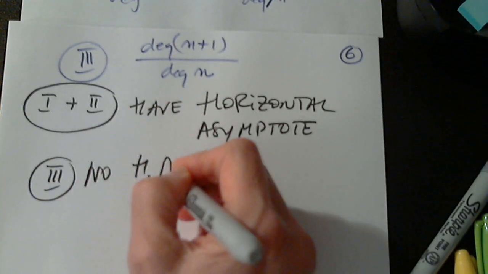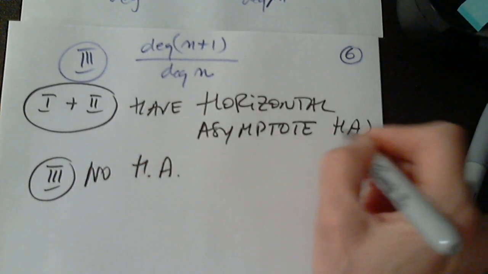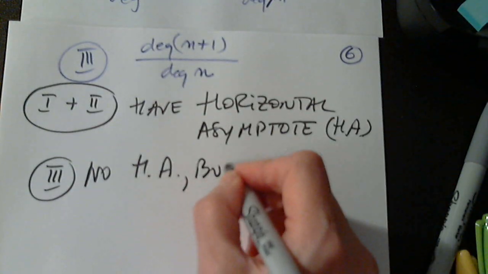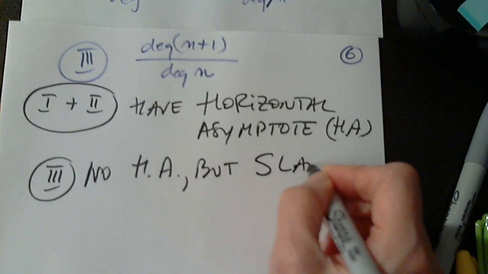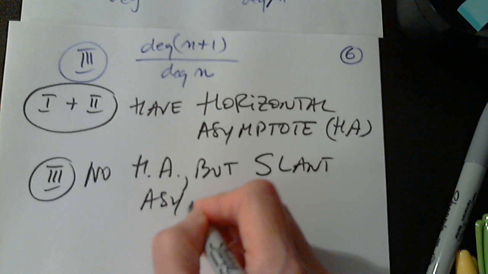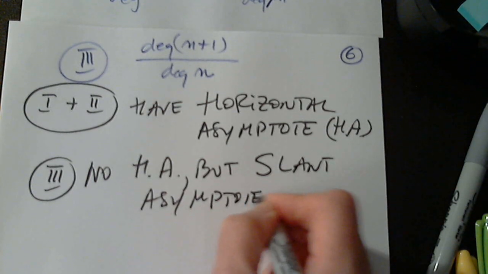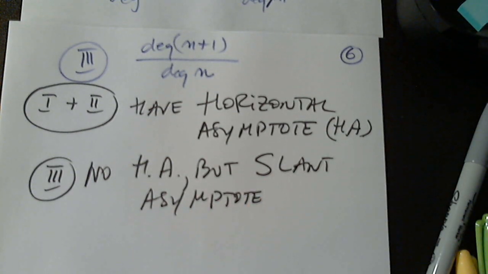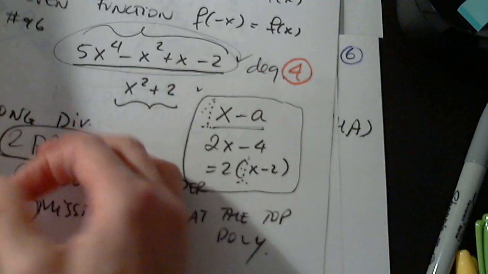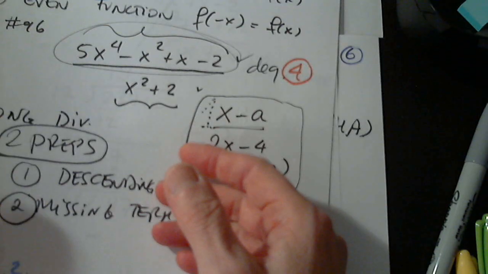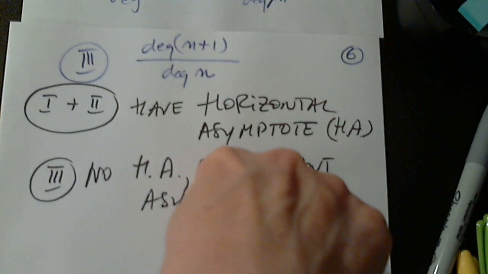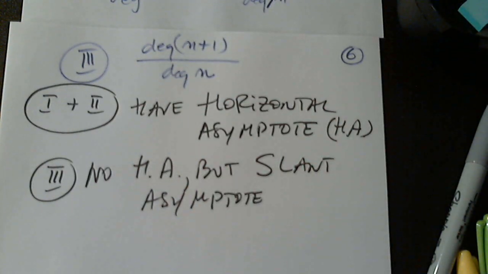No horizontal asymptote, but slant asymptote. In case you're wondering why is she talking about long division and synthetic division, yada yada yada, for this: to be able to find the slant asymptote for category or type 3.